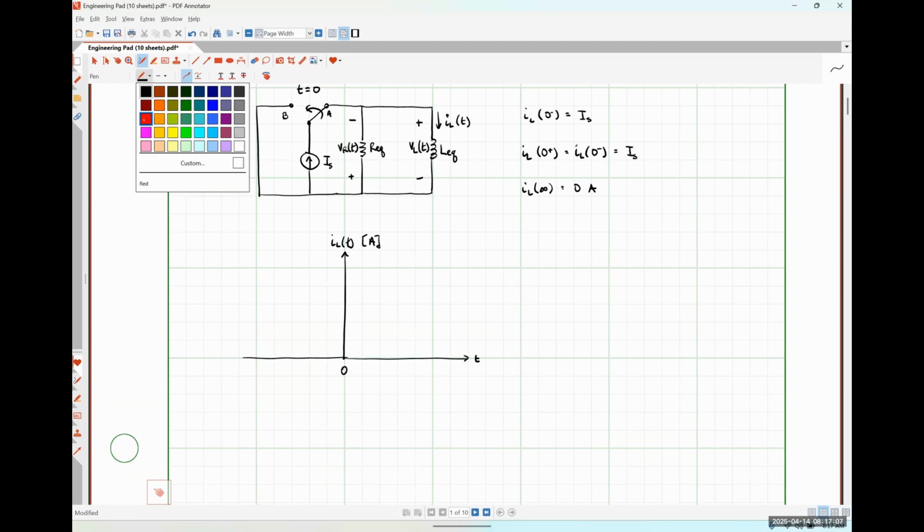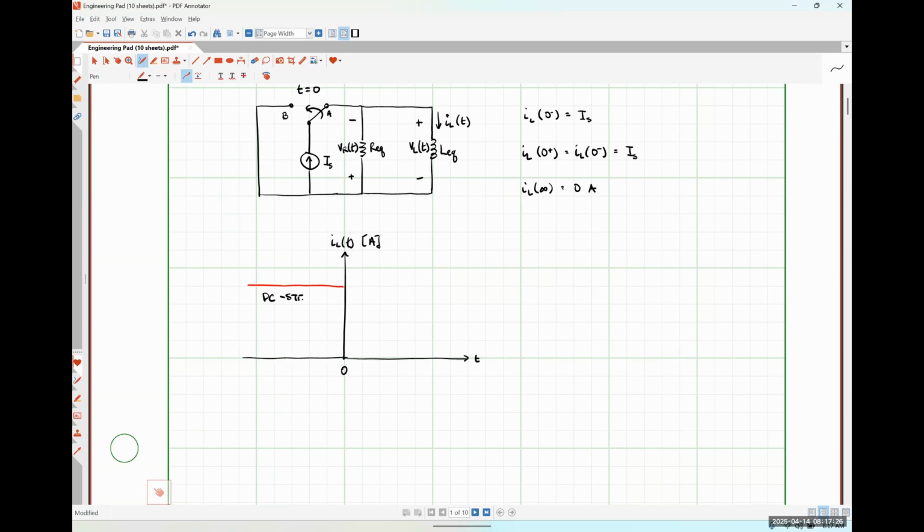So for all points in time before t equal to 0, or before our switch changes states, our current is going to have some constant DC value because we have essentially a DC circuit. So I'm going to call this region of time a DC steady state condition. And we already know that at DC steady state, our inductors look like short circuits. We talked about that last week.